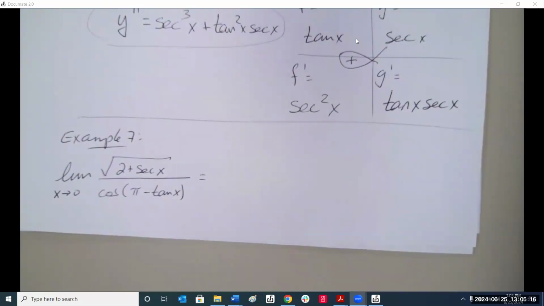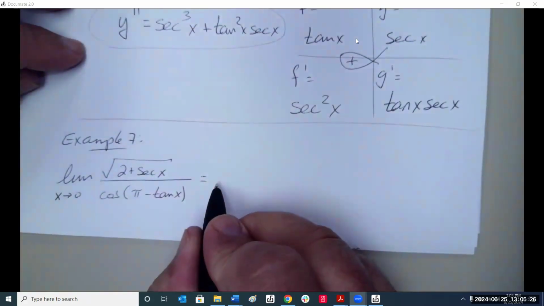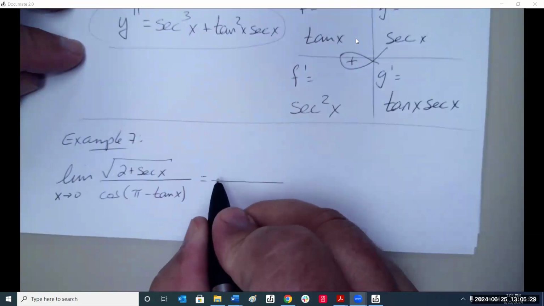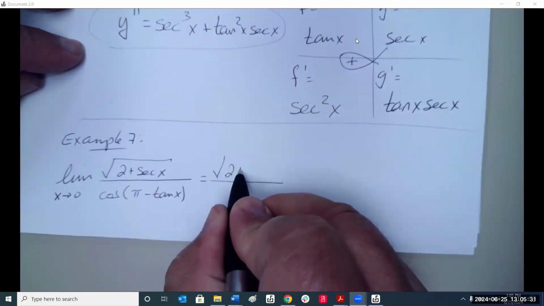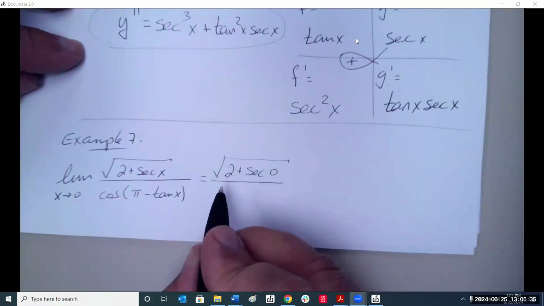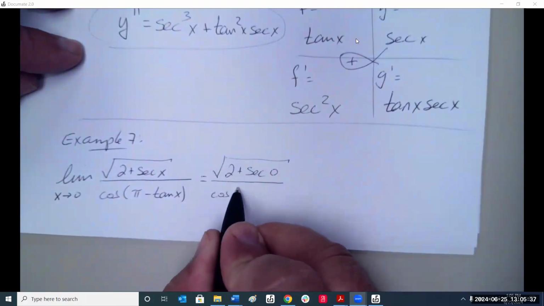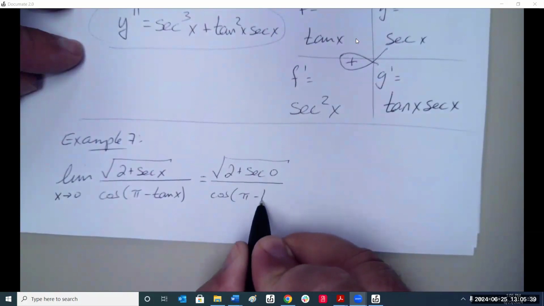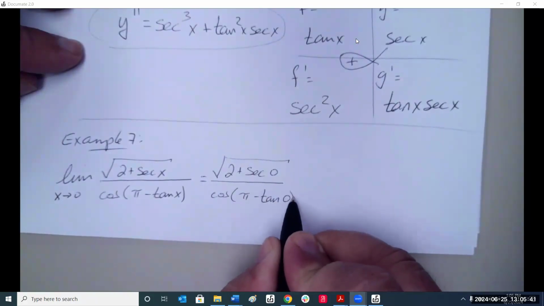Remember, the first thing you want to do whenever you have a limit as x goes to some place is plug it in there and see what happens. So we have 2 plus secant at 0 over cosine pi minus tangent at 0.